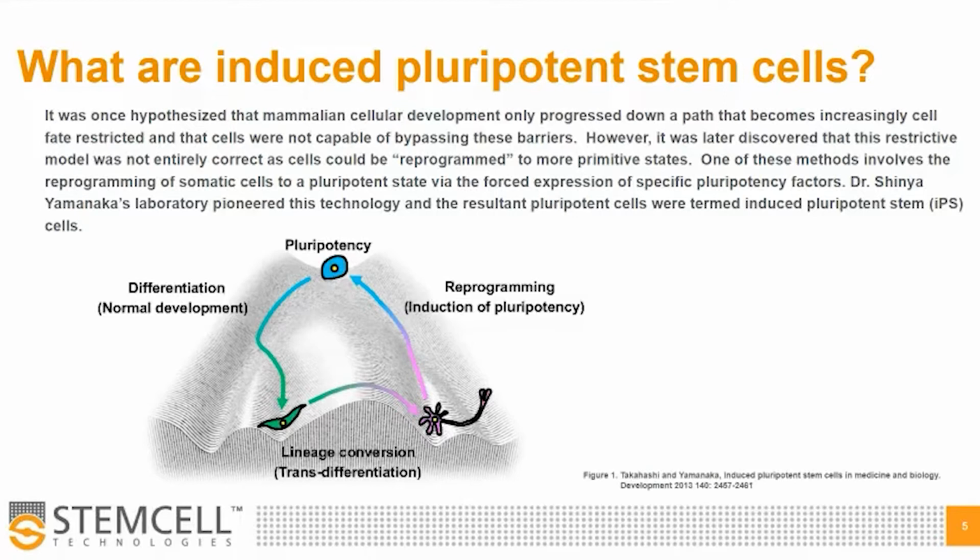The recently developed induced pluripotent stem cell, or iPSC technology, which enables the induction of pluripotency in mature somatic cells by treating them with defined transcription factors, has created new avenues in basic research, disease modeling, and regenerative medicine.